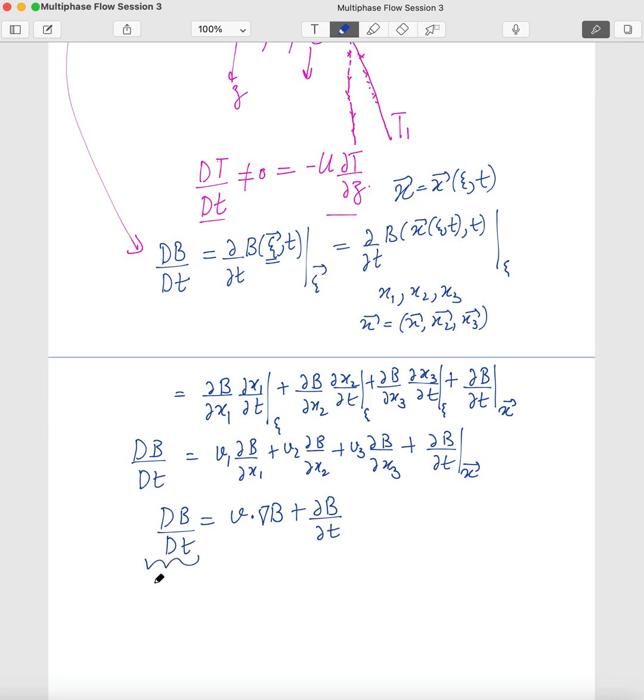So we know this is nothing but the substantial or material derivative, and this is the Eulerian derivative, because now we are fixing this x, so that is called the Eulerian derivative.